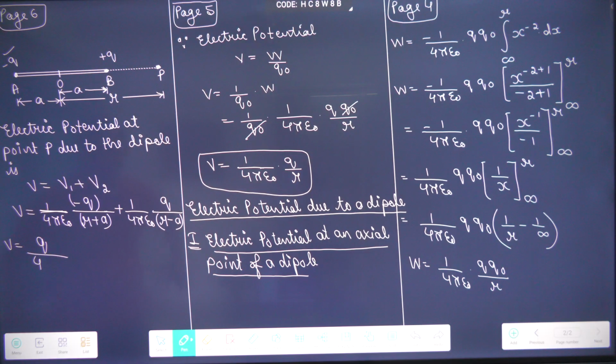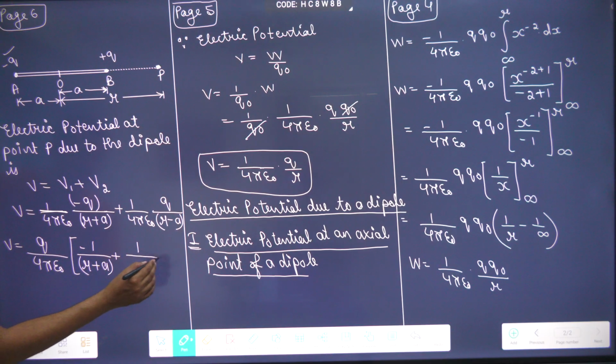Yes. Okay. Now, I will take q upon 4 pi epsilon naught common. Now, what we are left with is minus 1 upon r plus a plus 1 upon r minus a.